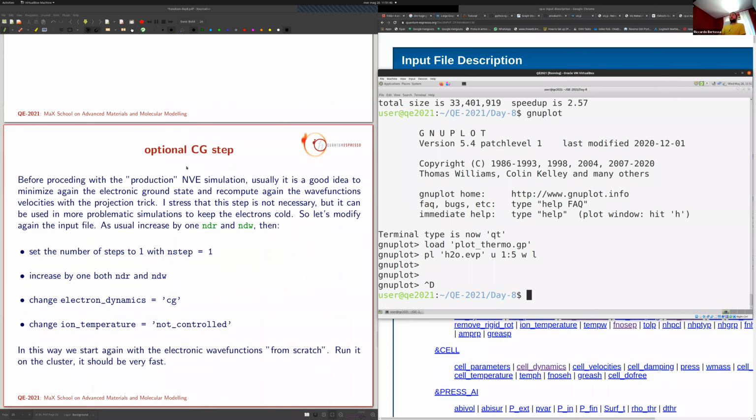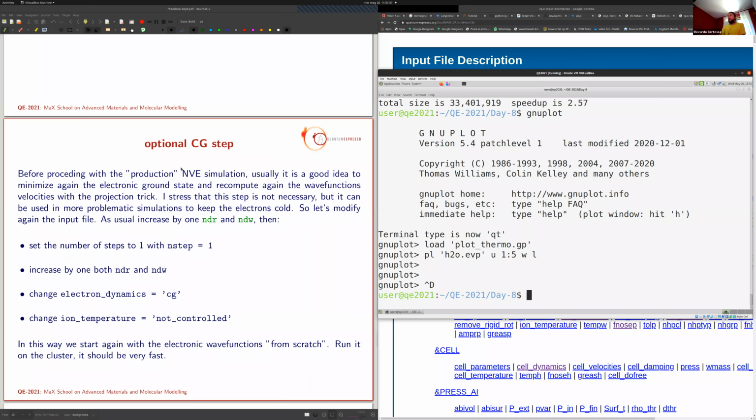So the kinetic energy of the electrons starts to go up, and maybe it is too high, or the forces are starting to become random numbers. So it may happen that you need to minimize again the ground state.